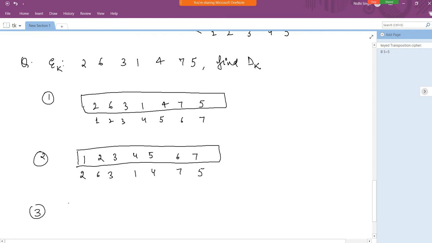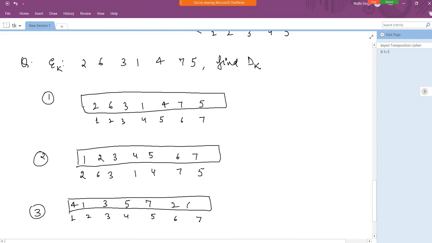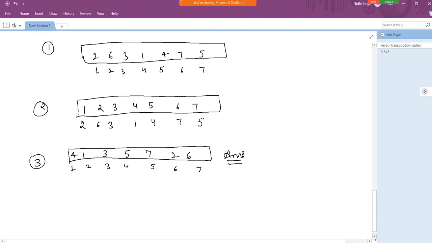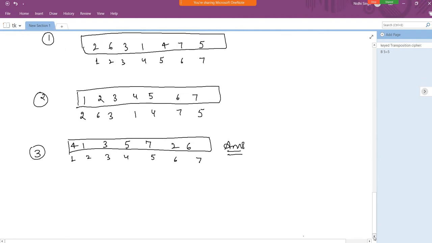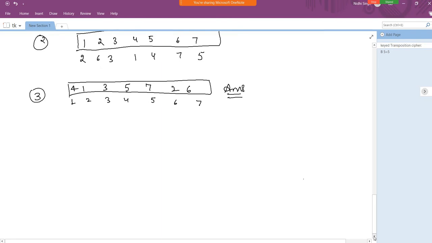The third one is do sorting: 1, 2, 3, 4, 5, 6, 7. And what will be the corresponding values? That is 4, 1, 3, 5, 7, 2, 6. So it is very simple. Cryptography is very simple if you pay attention to the lectures or whatever I tell you. Otherwise it will be very difficult.